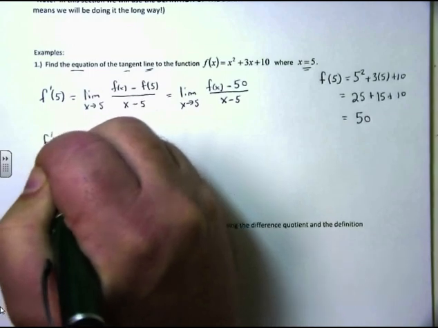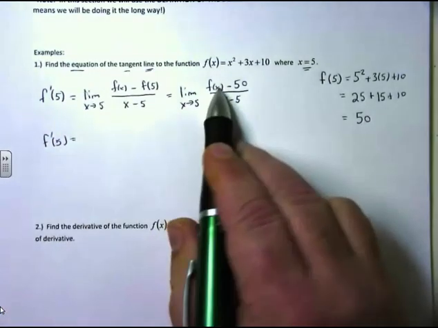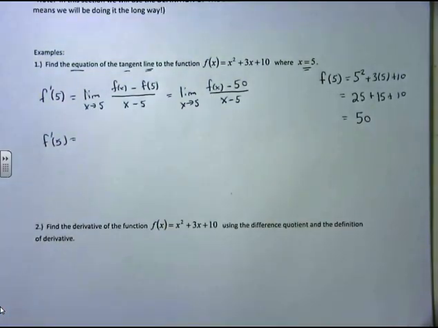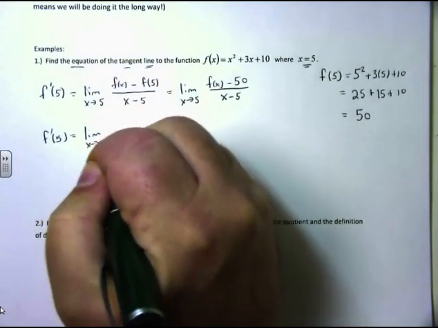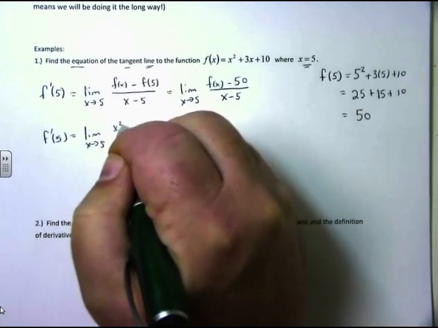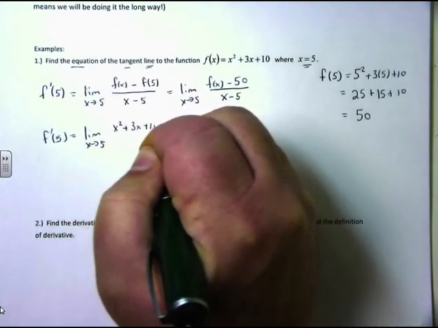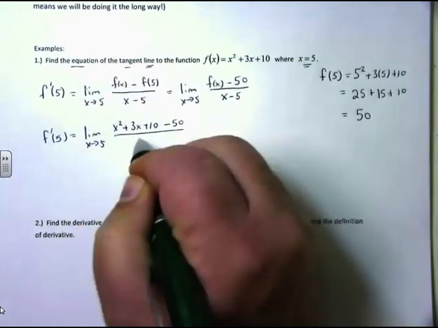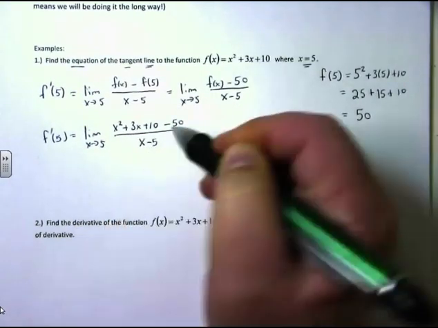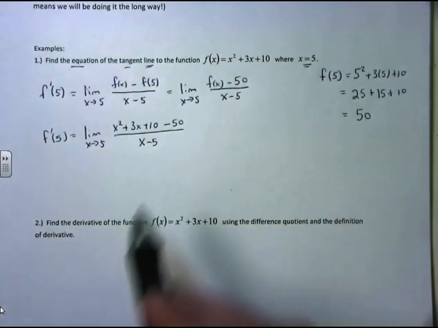So now my derivative would be equal to, now I'm going to replace f of x with the given particular function. And that function is, well, I'm going to take the limit as x approaches 5 of x squared plus 3x plus 10 minus 50 divided by x minus 5. Now we're back to our limit laws.